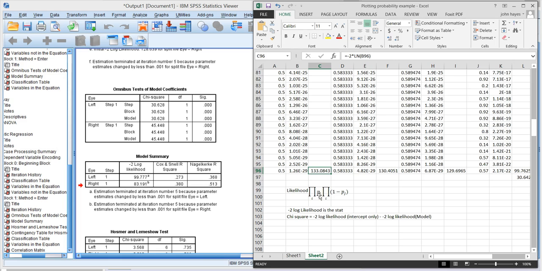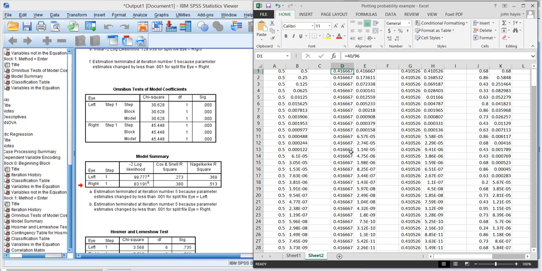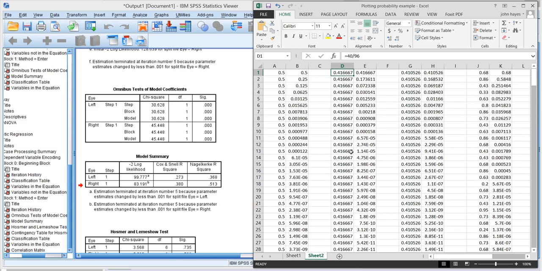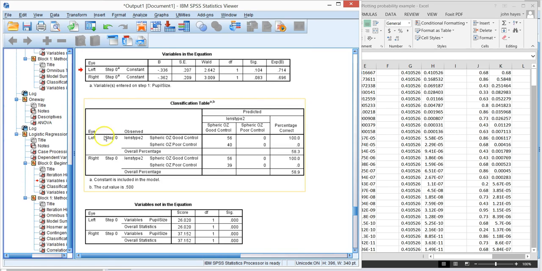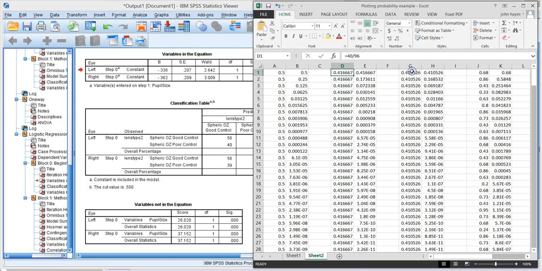Now we can't really use 0.5 because that's not the baseline. Actually, the baseline for this study is 40 over 96, because there are 40 poor controls over a total of 96.